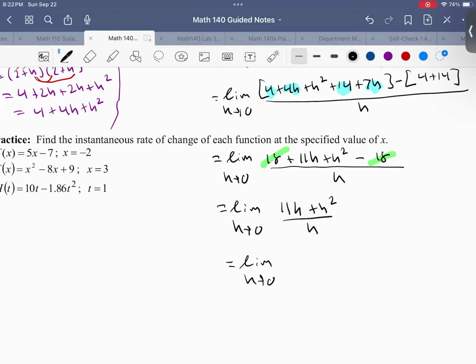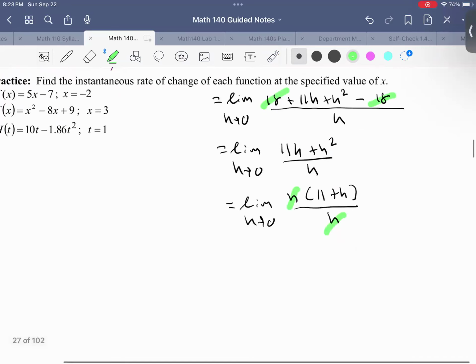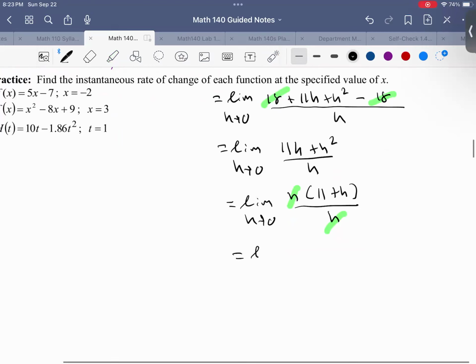So what I can do is factor out an h from here because they have an h in common. I can take out an h, right? H comes out, so it's just 11 plus h over h. And now these h's can cancel out. So I'm left with limit as h goes to 0 of 11 plus h.